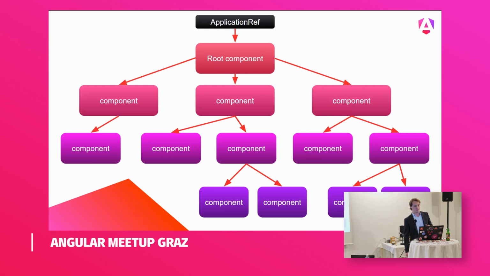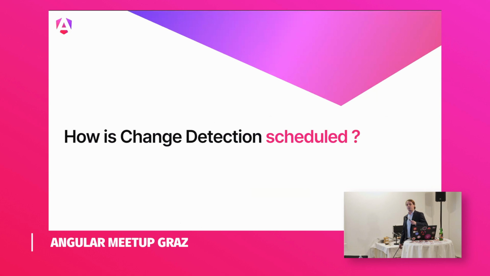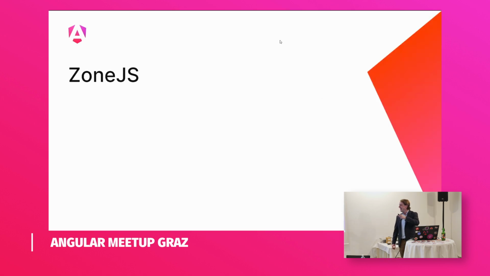So that's what happens. First question is, how is it scheduled? Because that's how Angular determines when we need to change detect the whole application. This is done thanks to Zone.js.